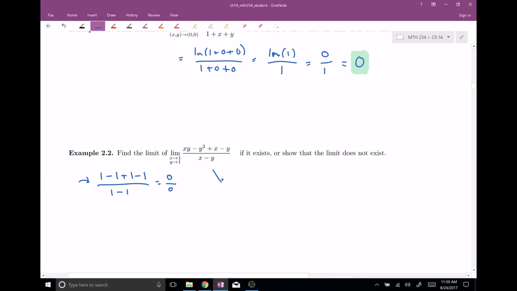When I look at this, let's notice that if you group the first two terms and the second two terms together and try to factor out as much as possible, this is called factoring by grouping. From the first group I could factor out a y, leaving x in the first one and minus y in the second one.